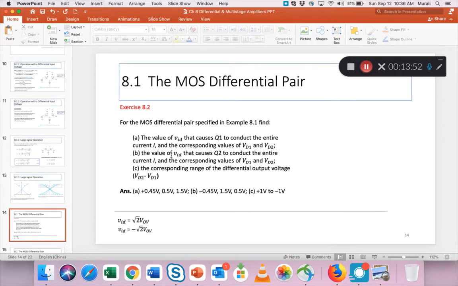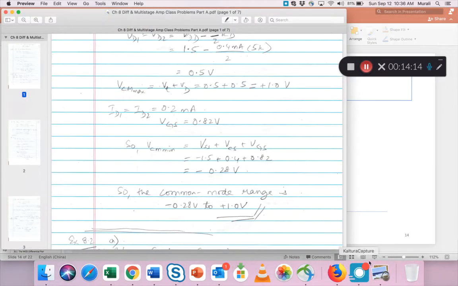Then the opposite, we need the value of VID that causes Q2 to conduct the entire current, and the corresponding range of the differential output voltage VD2 minus VD1. So we use these formulas to solve this problem, and let me show you the steps.